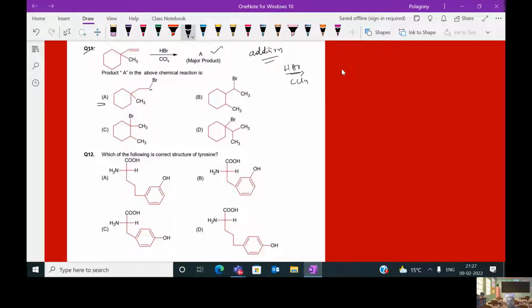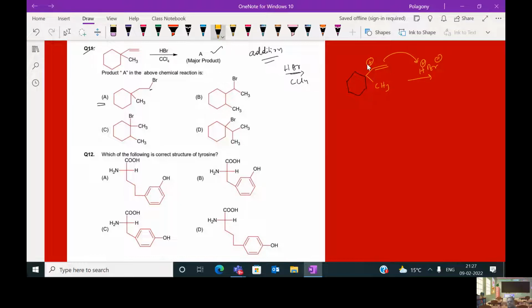Look at this. Now here is the cyclohexane. Here there is a double bond, and here the methyl group is present. Now, when HBr is added, the protonation is done by this H plus. When the protonation is done here, there is a positive charge. A carbocation is formed here.